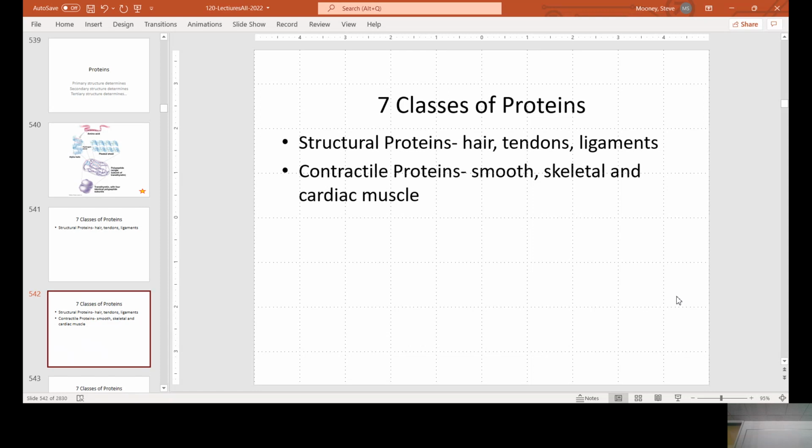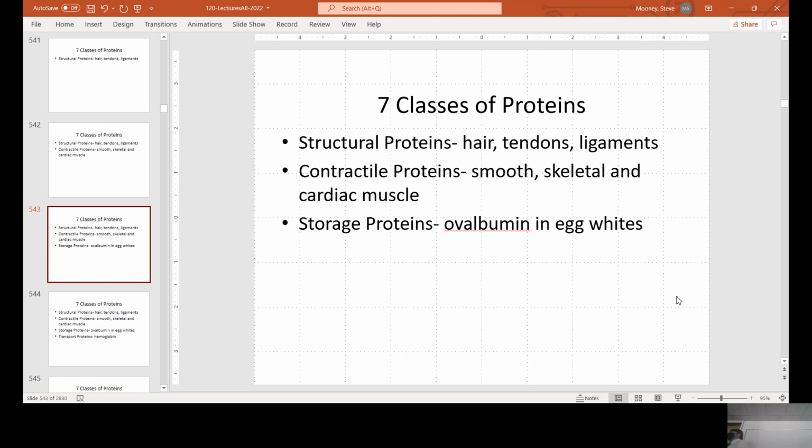So they all work together. Same net effect. They have different structures. Some are branched, some are not. But one protein contracting over another allows things to shorten, and the ability to shorten things is very helpful when we're working with our muscles.